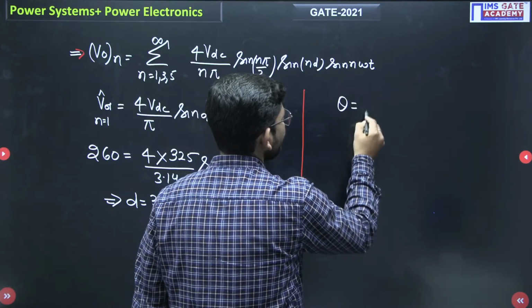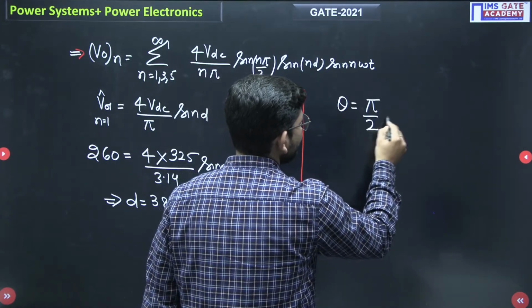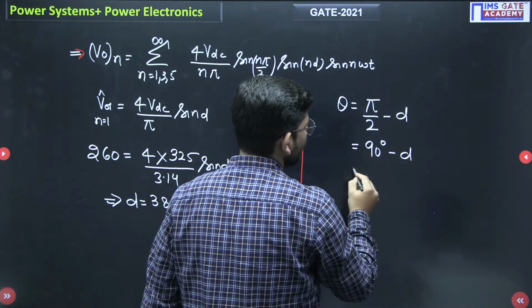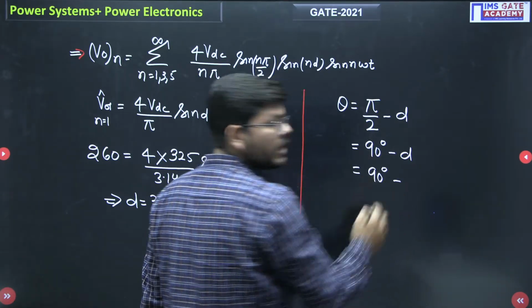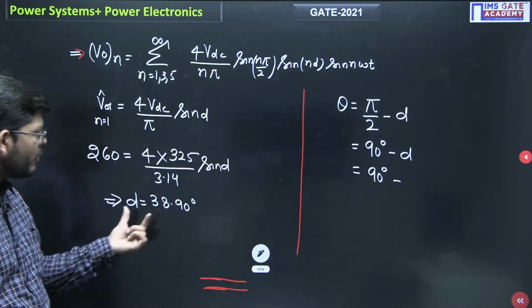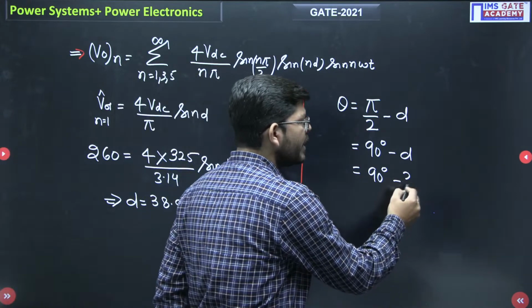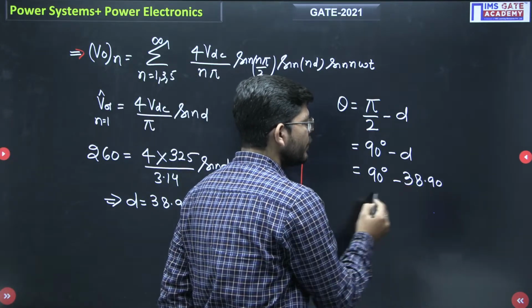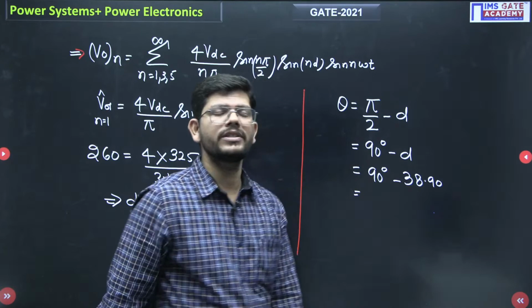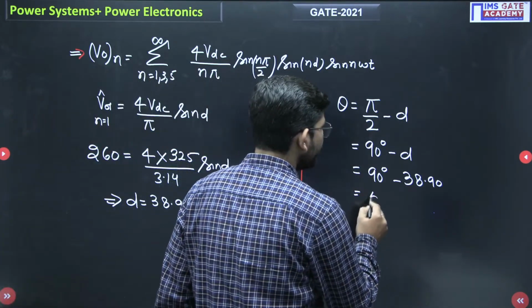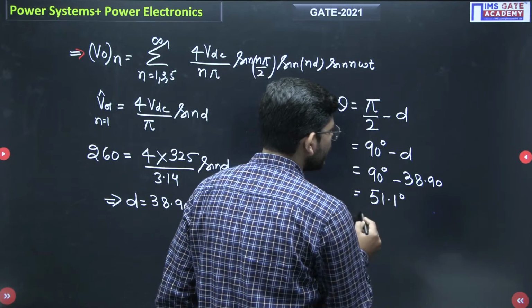Theta is pi by 2 minus d, or we can say 90 minus d. What value of d have we obtained? We have obtained d to be 38.90. So if we put the value of d, which is 38.90, how much will we get? We will get an answer of 51.1 degrees.